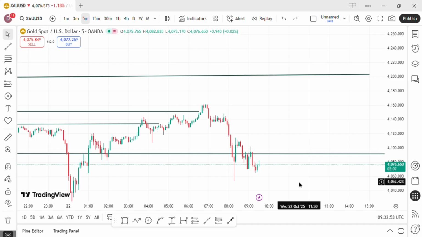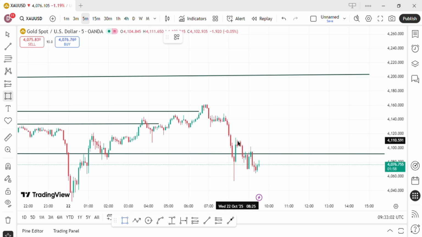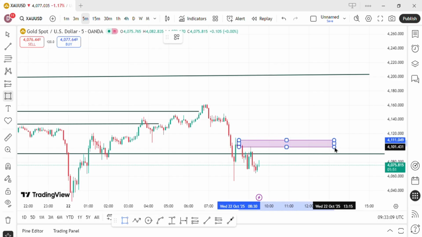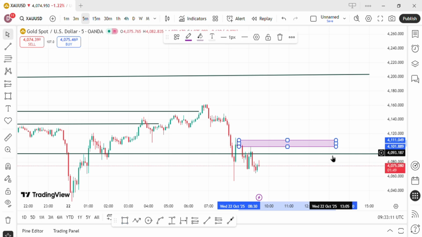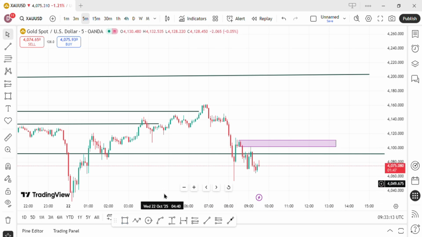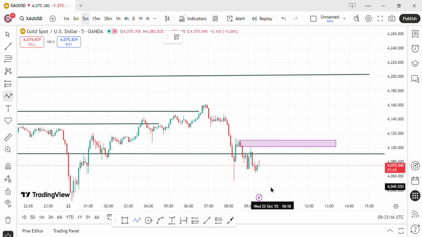Maybe I'll just draw this rectangle for it to break. The moment it breaks this zone like this, I just expect a retracement back into the zone. Then I take it from there to this side, right?